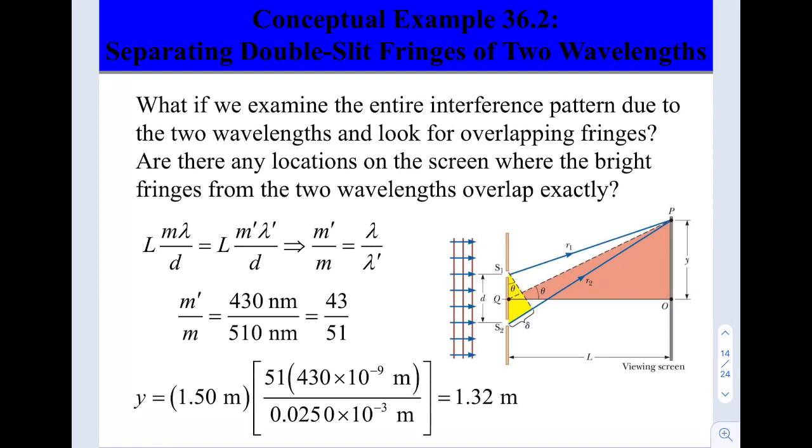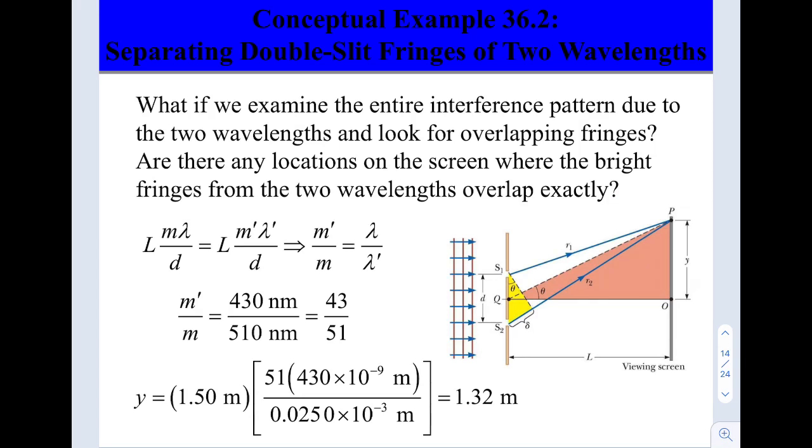What if we examine the entire interference pattern due to the two wavelengths and look for overlapping fringes? Is there any location on the screen where the bright fringes from the two wavelengths overlap exactly?